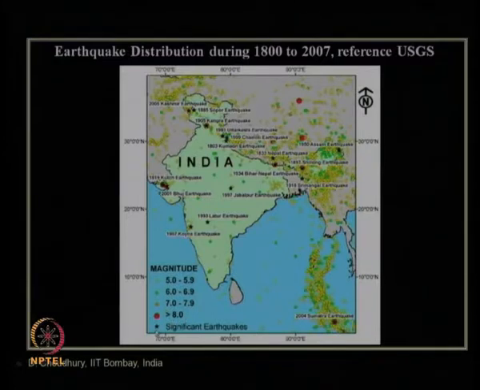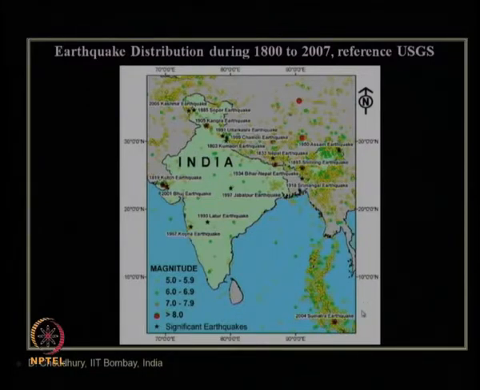And the stars are those significant earthquakes in India where devastation and damage were maximum. You can see over here the Bhuj earthquake, Latur earthquake, Koyna earthquake, Jabalpur earthquake, Bihar Nepal earthquake. These are the several important earthquakes when India experienced severe disasters over the years.